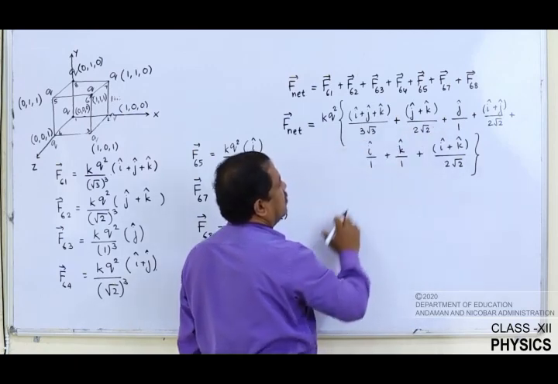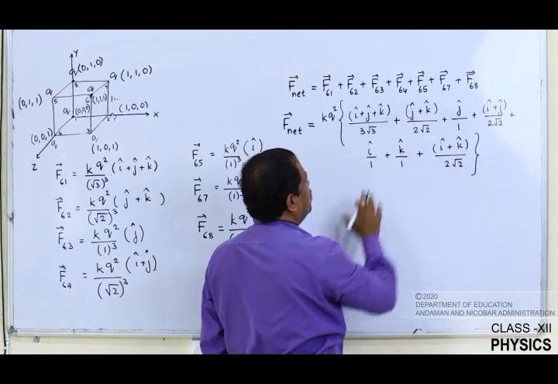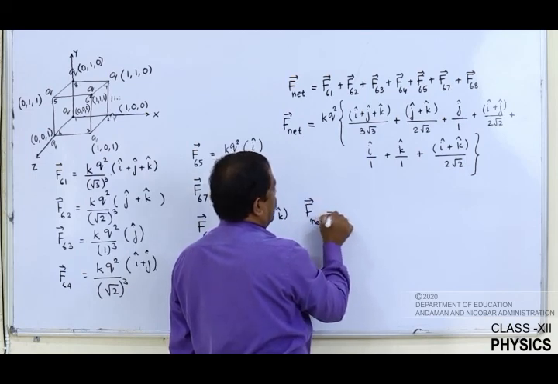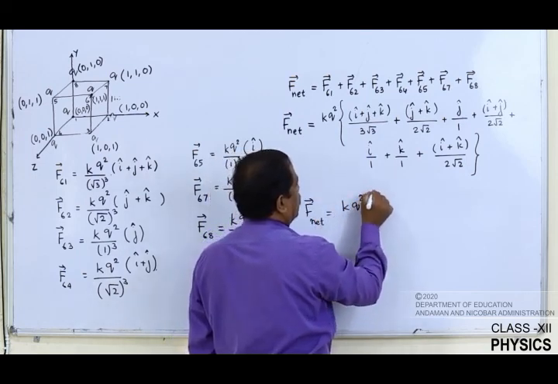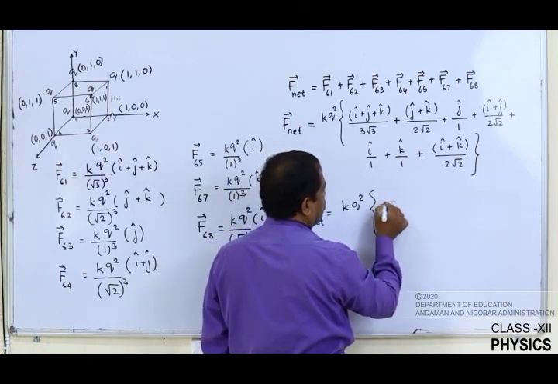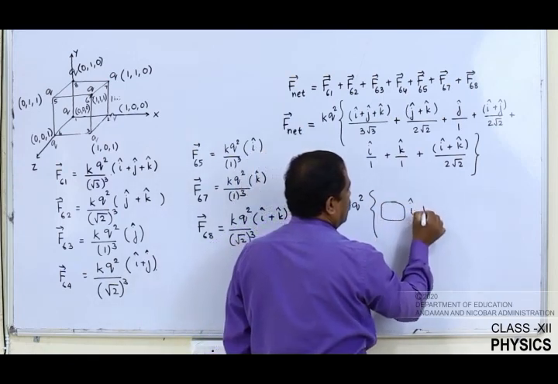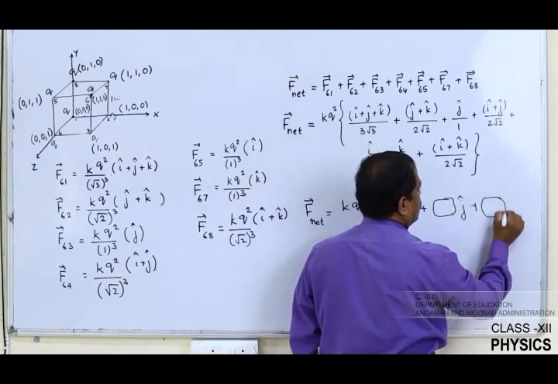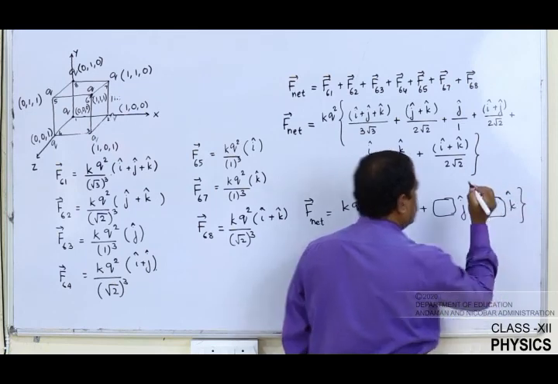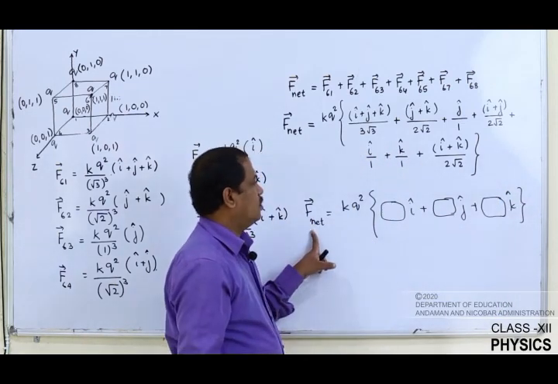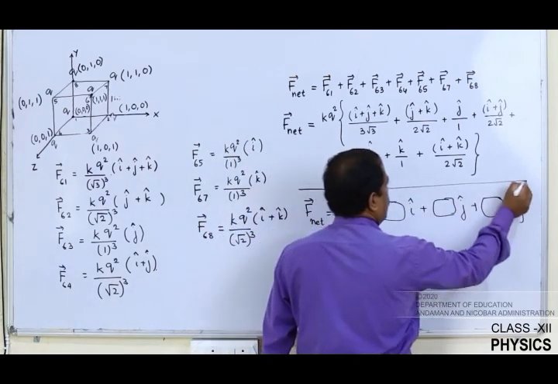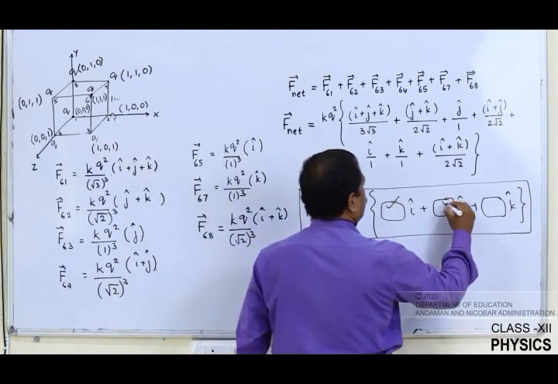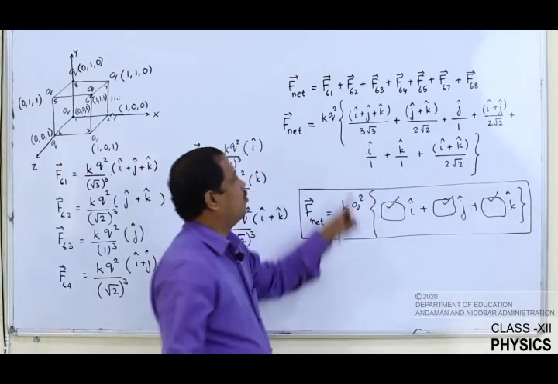Similarly, we can sum the coefficient of the similar components, and we can express the result as k q square into some magnitude i cap plus some magnitude j cap plus some magnitude k cap, and this is the final answer for the force experienced by the 6th charge. This is the task for you, that you need to calculate using these values.